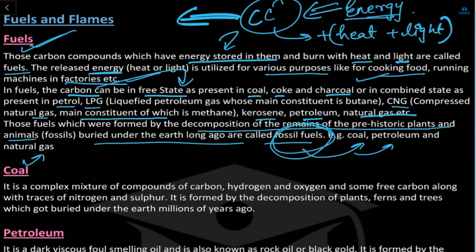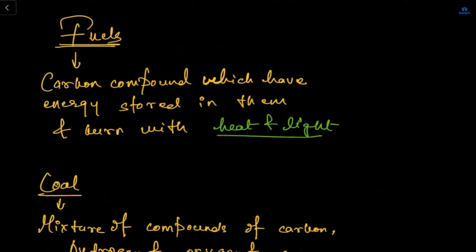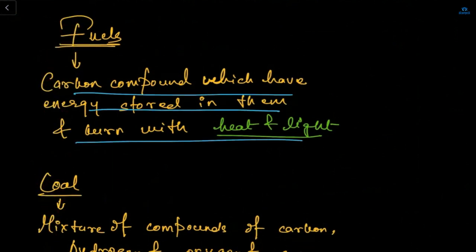Examples: coal, petroleum, and natural gas. And the carbon present in the free state is found in coal, coke, charcoal, LPG, CNG, kerosene, petroleum, natural gas. Here the same thing is written: carbon compounds which have energy stored in them and burn with heat and light.